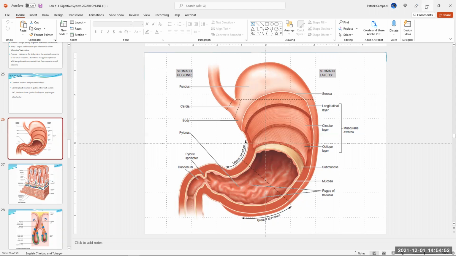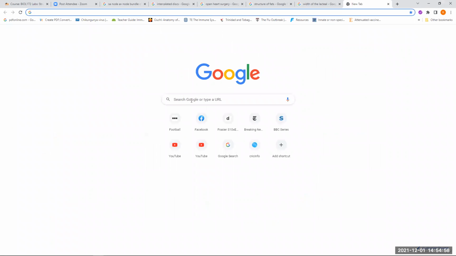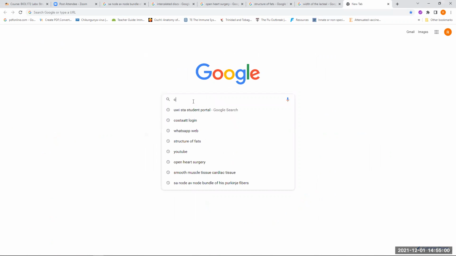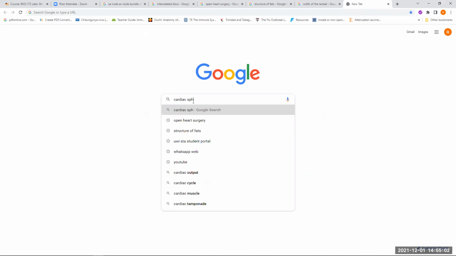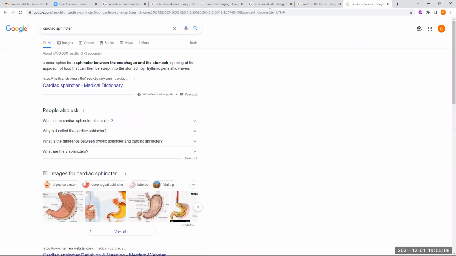You mentioned the cardiac sphincter. Is there a cardiac sphincter? It sounds familiar. Let's have a quick look and see. Yeah, good point. Cardiac sphincter, between the esophagus and the stomach, is the alternate name for the esophageal sphincter. So you were spot on there.